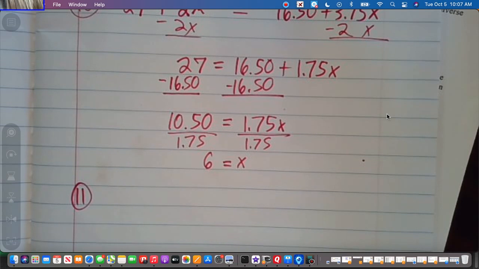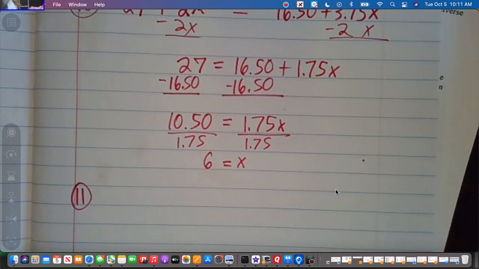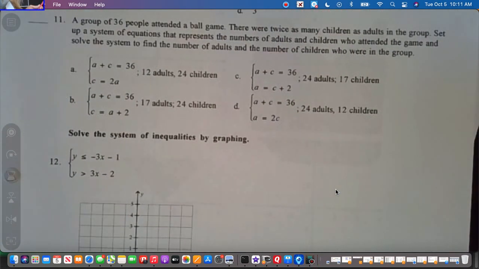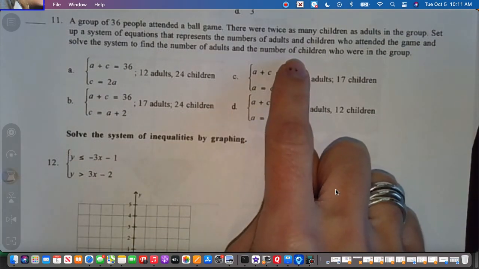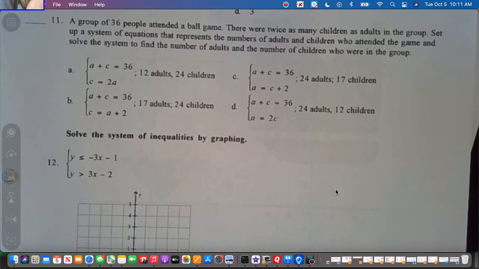A group of 36 people attended a ball game. There were twice as many children as adults. Number 11 has a little shortcut, super easy. If you read the part where it says there are twice as many children as there are adults, there is only one answer.